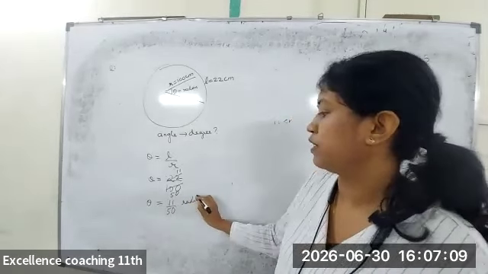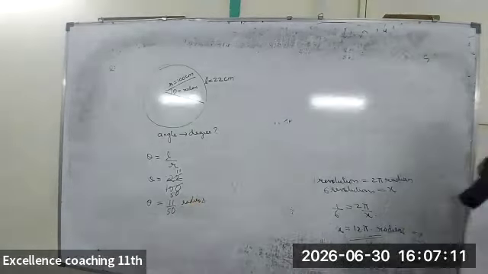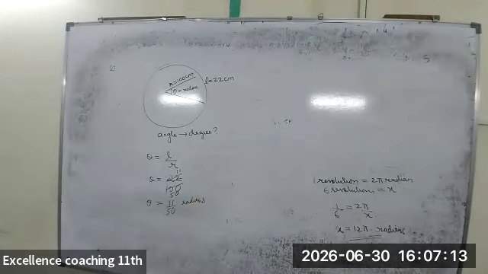How do you convert to degrees? Multiply it by 180 upon pi. Now calculate the answer. You did pi by 180? No. Pi, how did it come up? We are converting from radians to degrees.